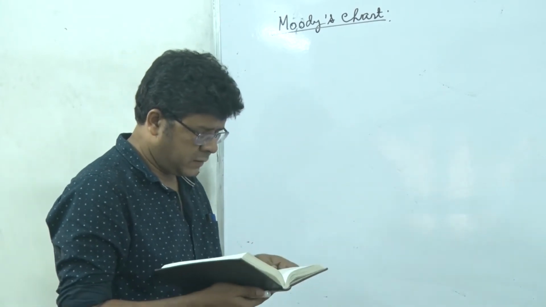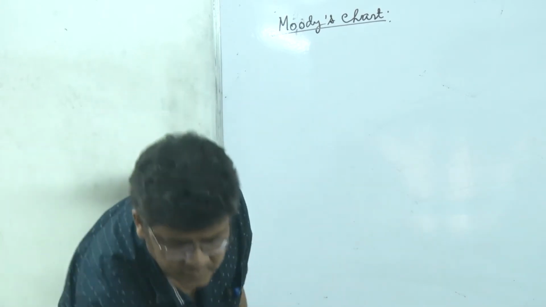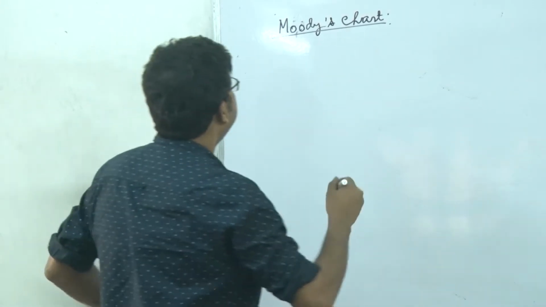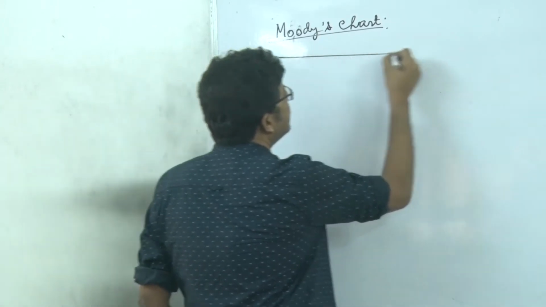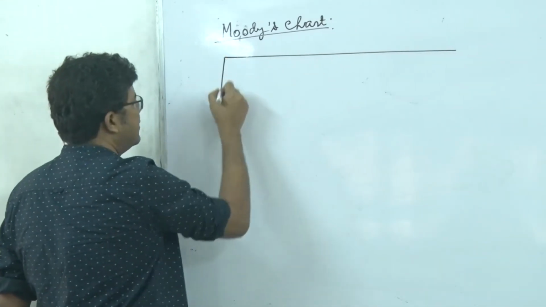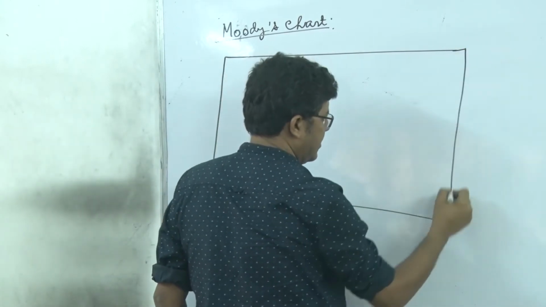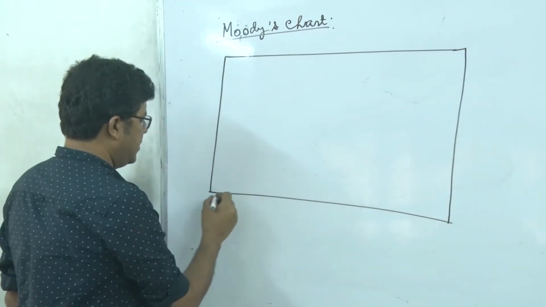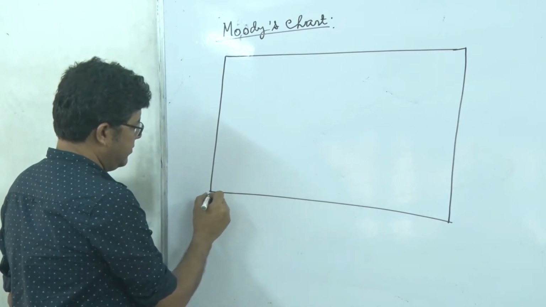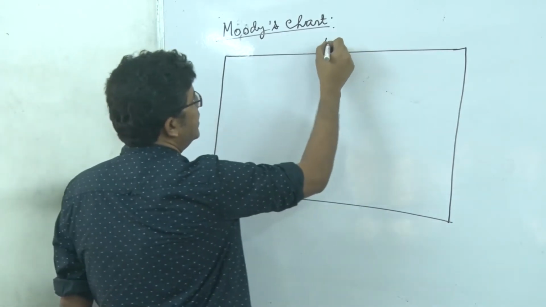So this Moody's chart, you see how it looks like. It's given in the handout. You see that here this is a log-log plot.